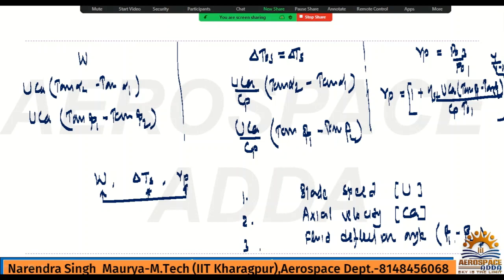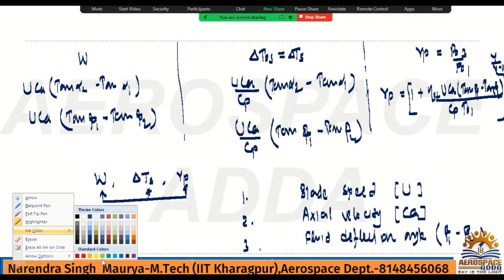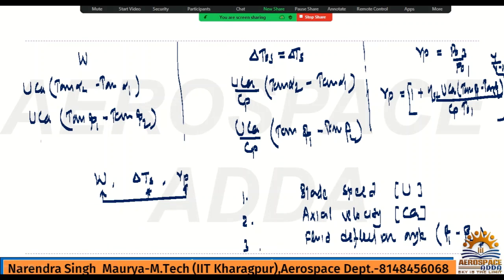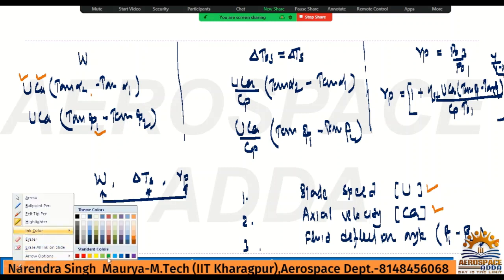Alright, now just relate this. Here, see, W depends on U, W depends on CA, and W depends on beta 1 and beta 2 also, this third one. And at the same time alpha 2 and alpha 1 also, no issue.